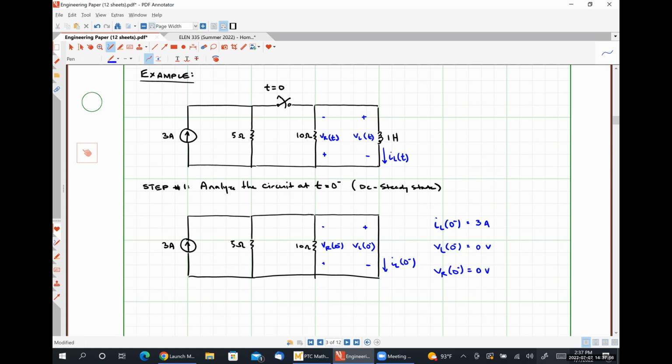Does anybody have any questions, comments, or concerns about the analysis that we did to get these three values? All right, let's move along to 2.